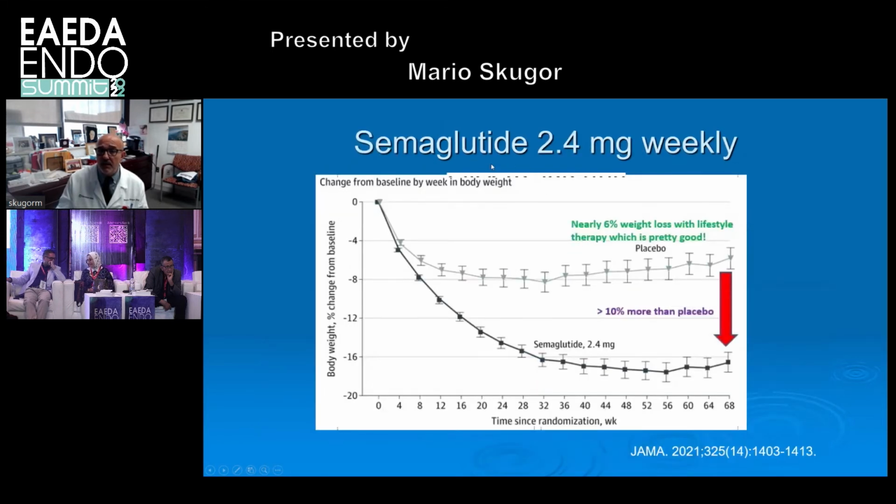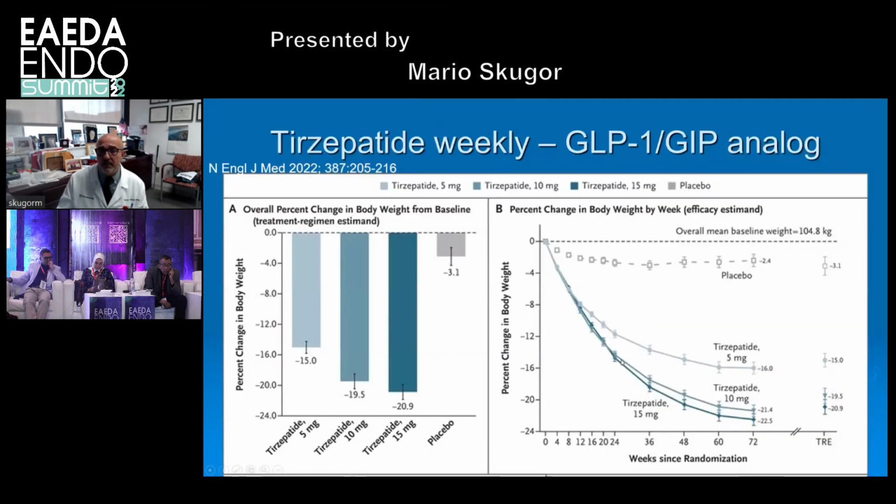This is another study looking at another medication, semaglutide, 2.4 milligrams weekly, and you see very similar things with the other GLP-1 analogs. You see that in comparison with placebo, there is a lot more weight loss with this, again a weekly GLP-1 analog. And then finally, I'm going to talk about tirzepatide, which is the newest medication on the block. It has in the meantime been approved for treatment of diabetes and obesity.